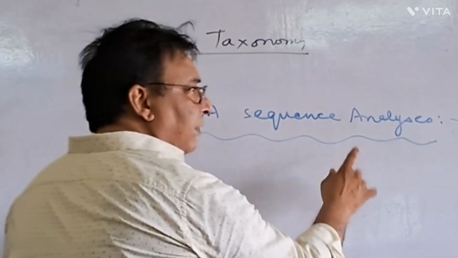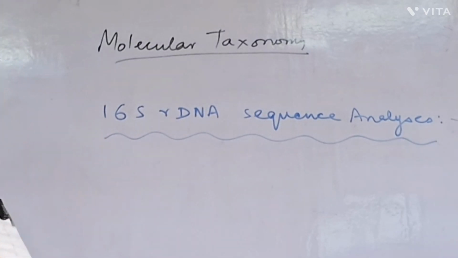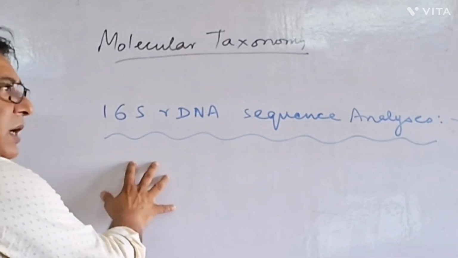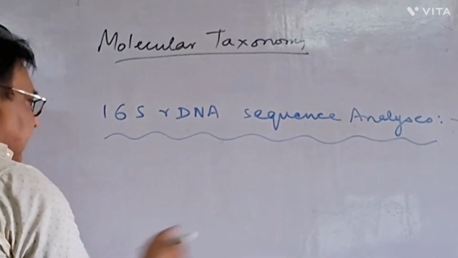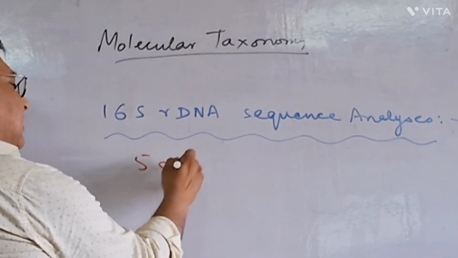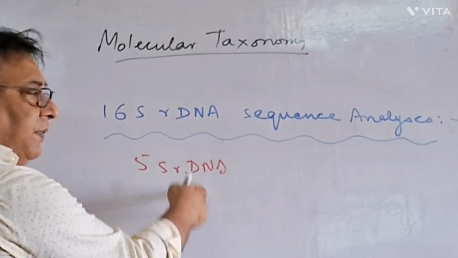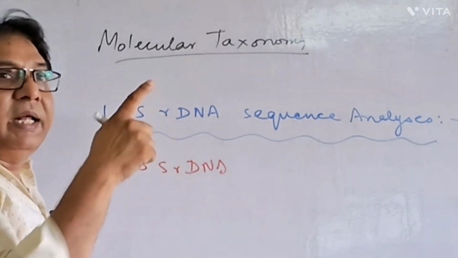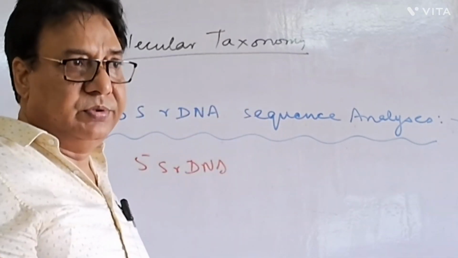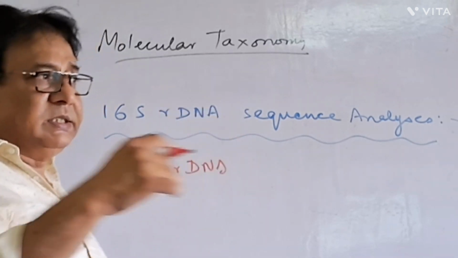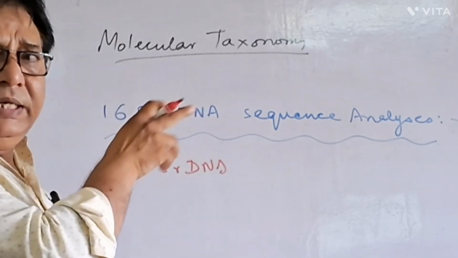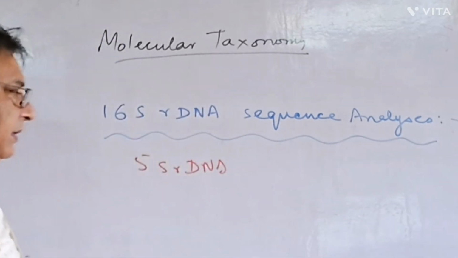16S rDNA sequencing, I have already told you about to some extent. There are other rDNAs like 5S rDNA. Actually, there are RNAs, 5S rRNA, 16S rRNA. These rRNAs are present in ribosomes, and the respective gene for that is called 16S rDNA.